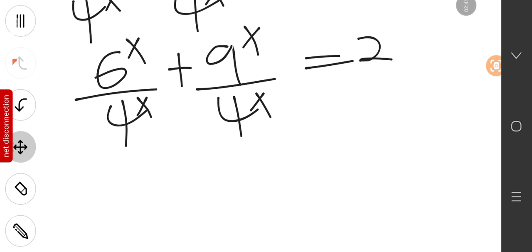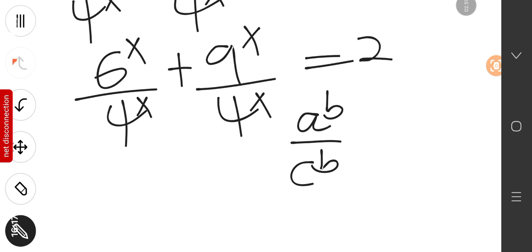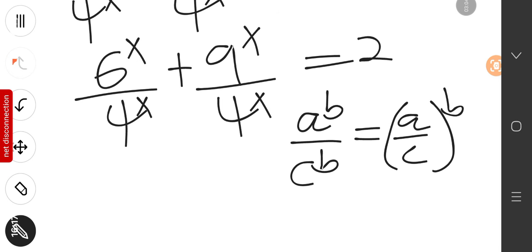Now let's apply the power of a quotient law of indices. You can say the power of a quotient law or the power of a quotient rule. If you have a^b over c^b, this equals (a over c) in a bracket exponent b.